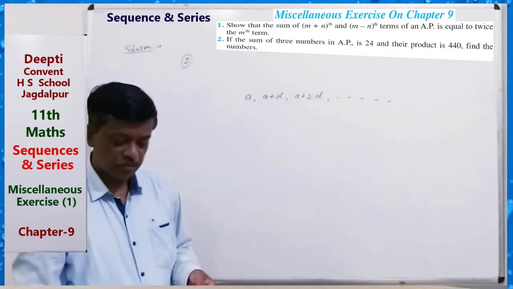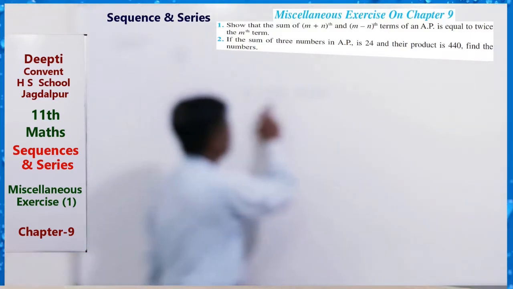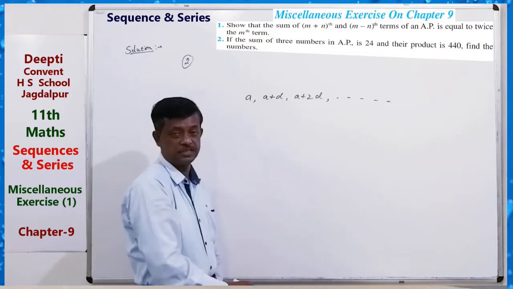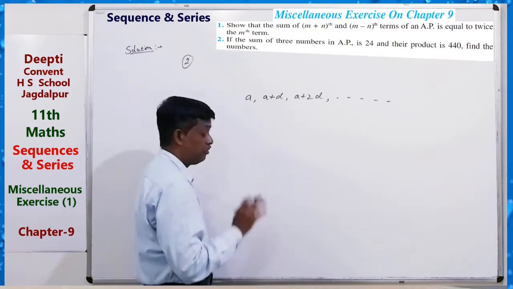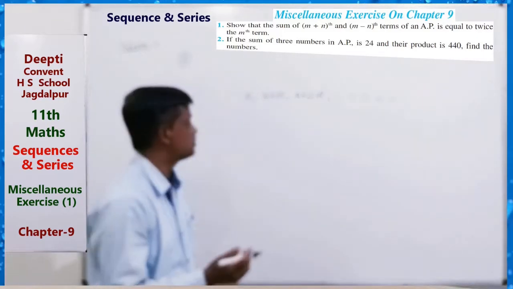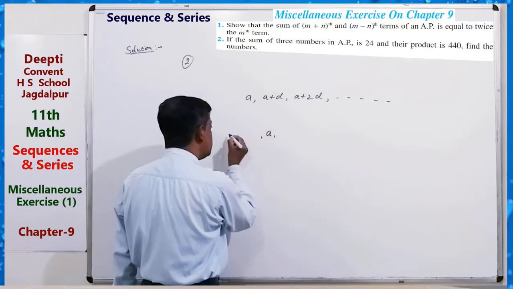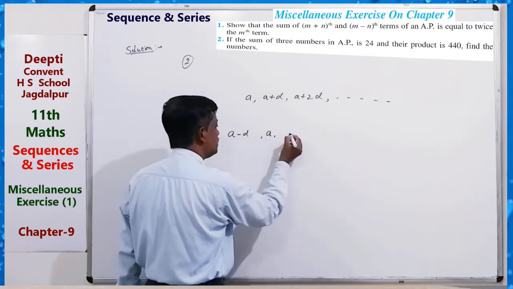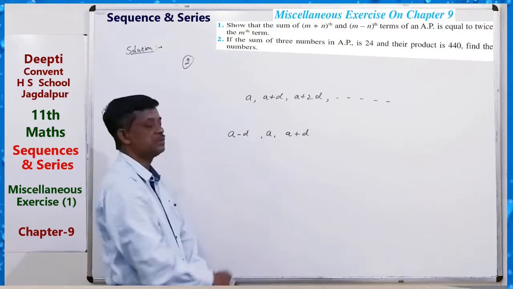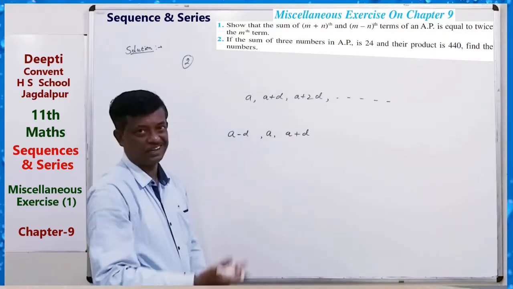We can suppose these are the numbers in AP, where A is the first term, D is the common difference. Also, for taking 3 terms, 5 terms, 7 terms, we can take like this also. A minus D, A, A plus D, this is 3 terms. Because differences are the same: this minus this is D, this minus this is D. So we can take like this.